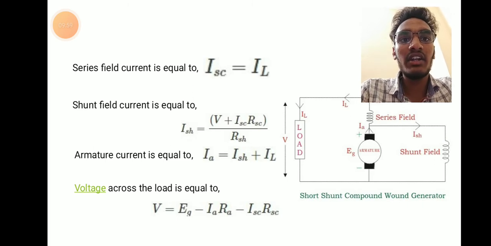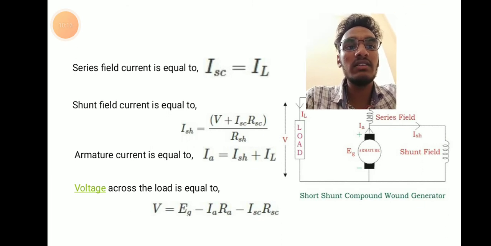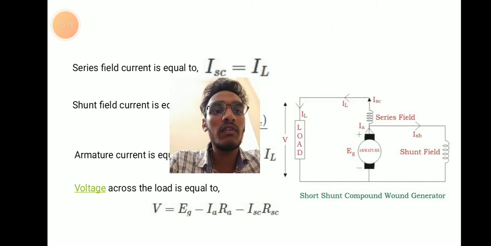Shunt field current is ISH equal to V plus ISC RSC by RSH. Armature current is IA equal to ISH plus IL. Voltage across the load is V equal to EG minus IA RA minus ISC RSC. Here we can see the diagram of the short shunt compound wound generator.